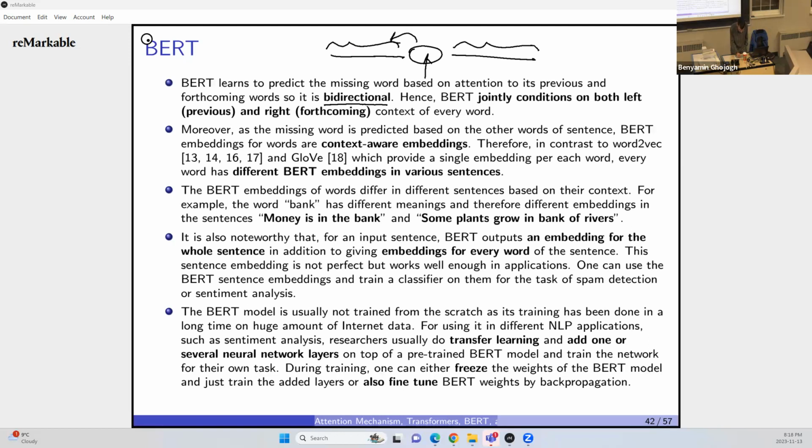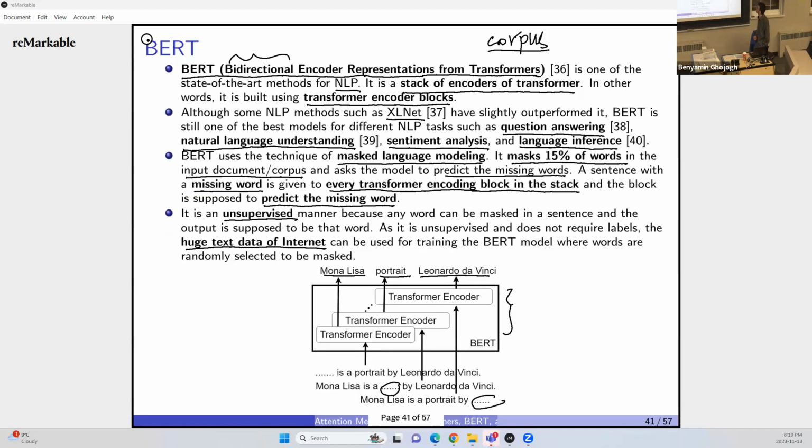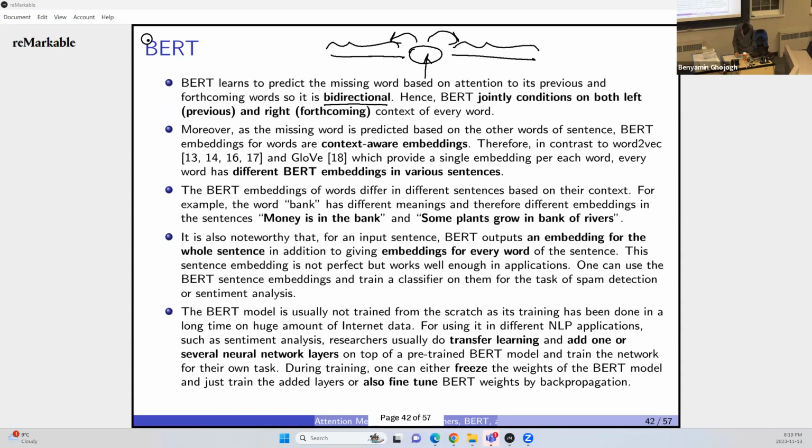Given the previous words and the next words, what is this word? Do you see that? That's why it's called BERT. The B in BERT stands for bidirectional, because it's a bidirectional one, right? So it jointly conditions on both the left, previous, and right, forthcoming words. Okay.